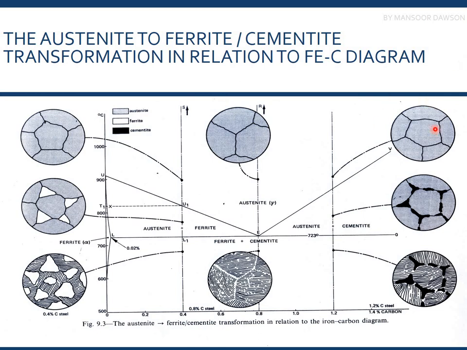Similarly, in the hypereutectoid phase, you can see the austenite is first nucleating the proeutectoid cementite phase, which is the darker one in the black, and then after further cooling, we can observe that all the austenite is converting into the pearlite lamellae.